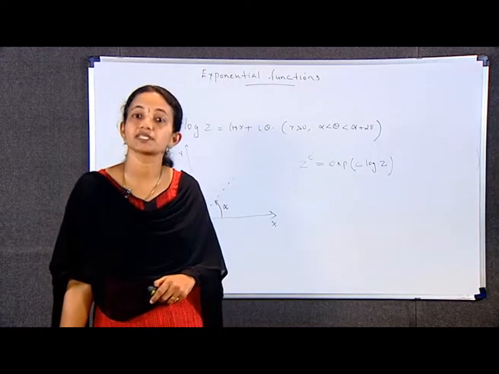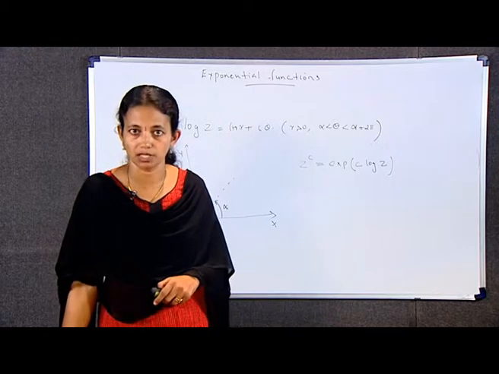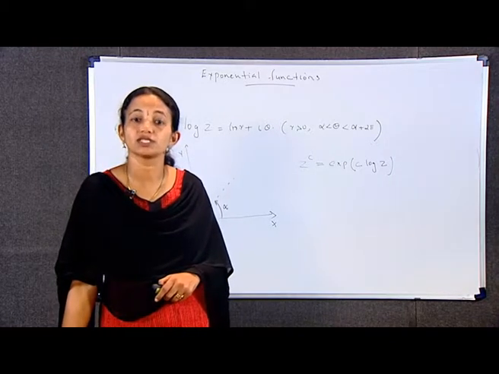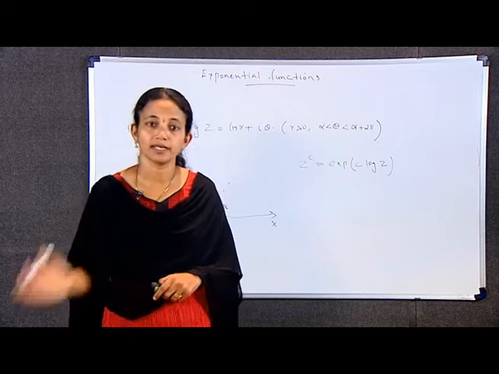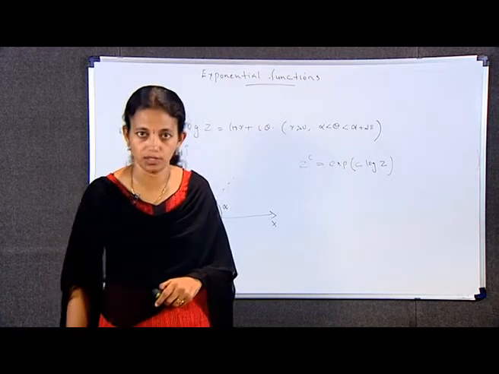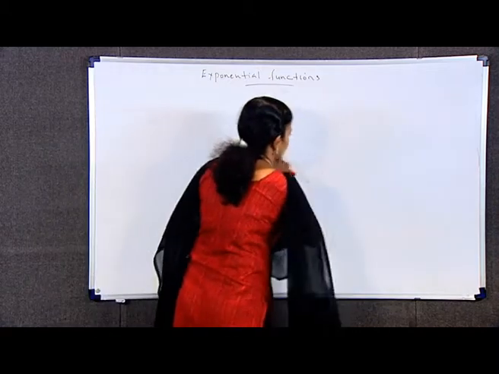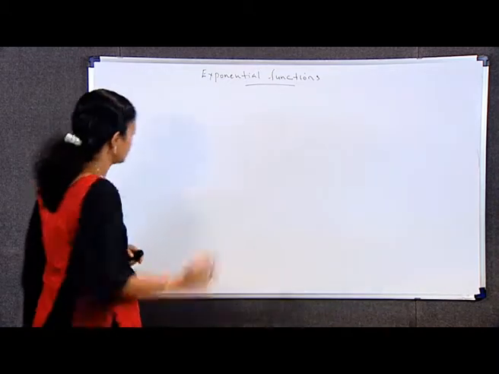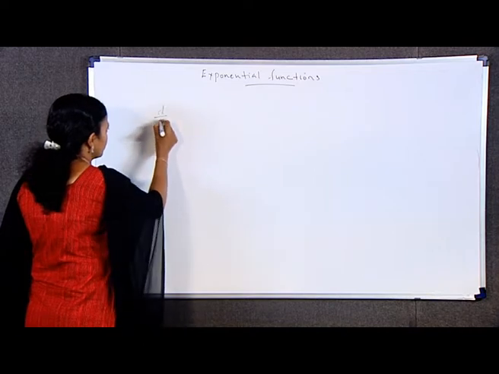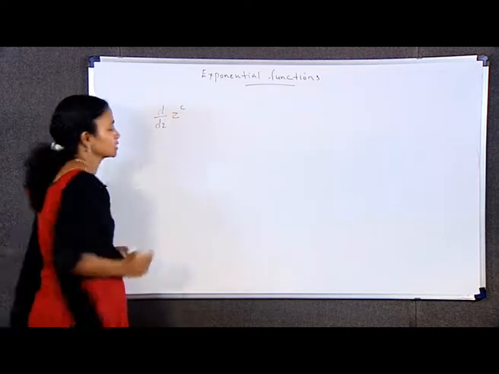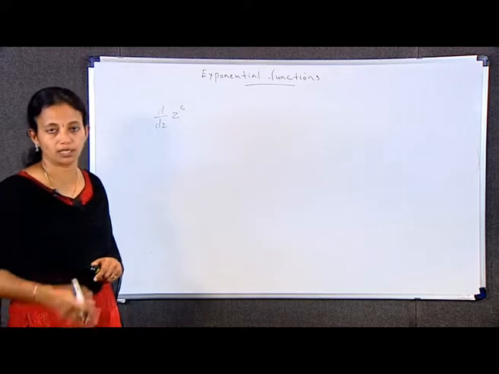The derivative of such a branch of z raised to c is found by first using the chain rule to write d by dz of z raised to c.